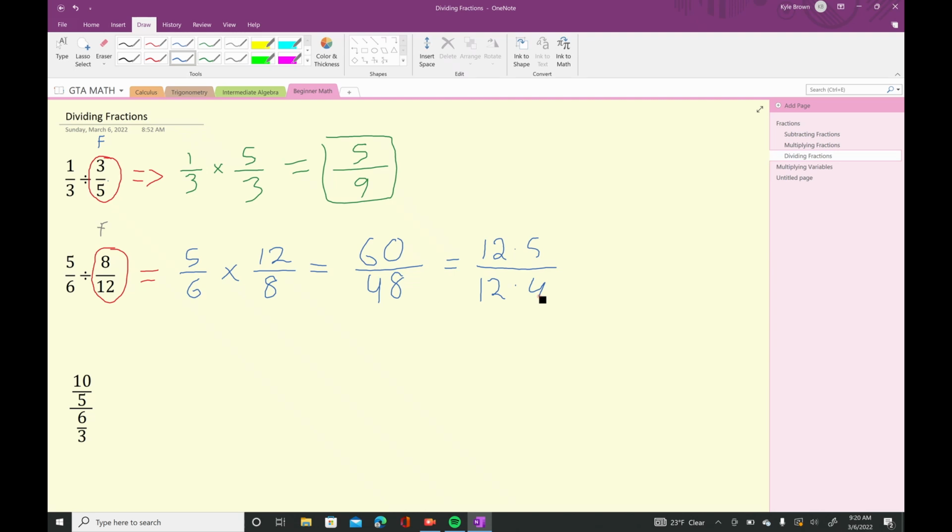I'm going to choose 12 and 5 because I know that 12 goes into both of these numbers and you can multiply them by different numbers to get nearly the same answer. So right here I see 12 divided by 12.